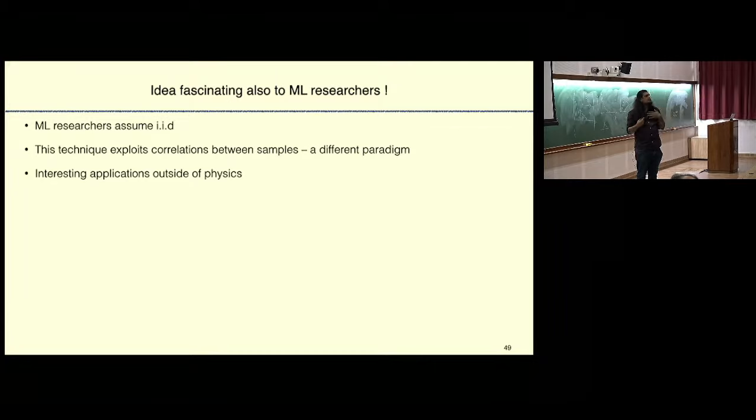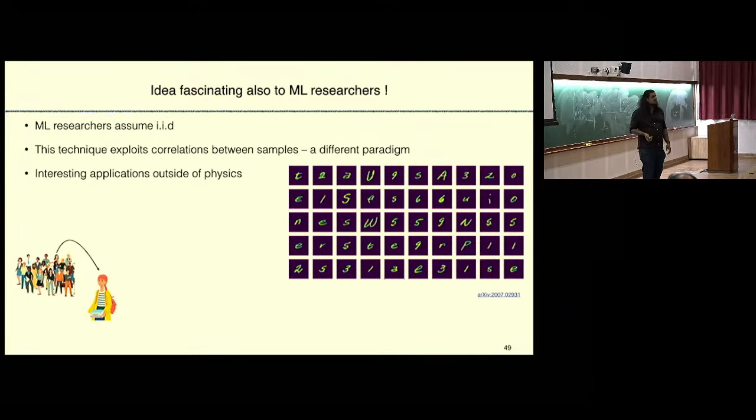And that's something we assume as well, but not really, because clearly this technique is benefiting from the fact that all events are correlated in the sense that the nuisance parameter affects them in the same way. The nuisance parameter is the same for all of them, just like the parameter of interest is the same for all of them. Does that make sense? The jet energy scale biases all events in the same way, and that's something we can exploit. So the machine learning researchers found this quite interesting.